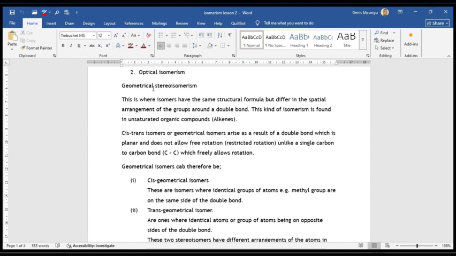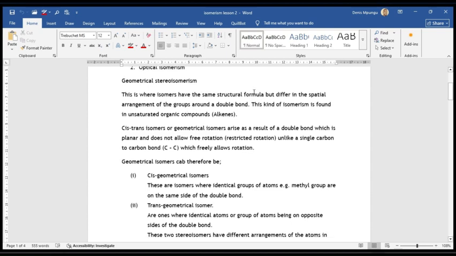Most of these are in 3 dimensions. They are figures if you are to draw them. But in simple terms, this is where isomers have the same structural formula but differ in spatial arrangement. So the structural formula is the same, but what differs is how the atoms or groups of atoms are arranged in space, across a double bond.